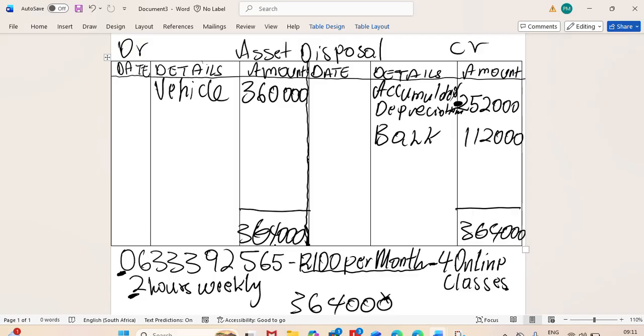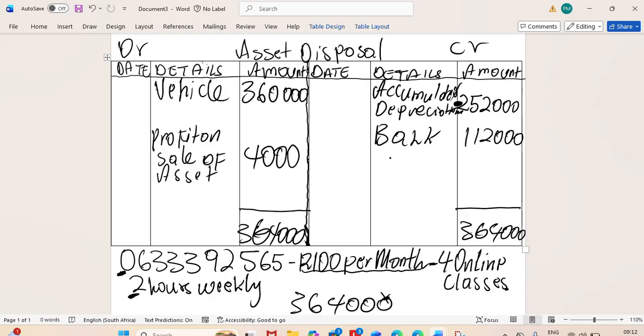If the credit side is bigger, such as in our example, then we'll have a profit on sale of assets. You take this 364 minus 360, then you'll get a profit of 4,000.